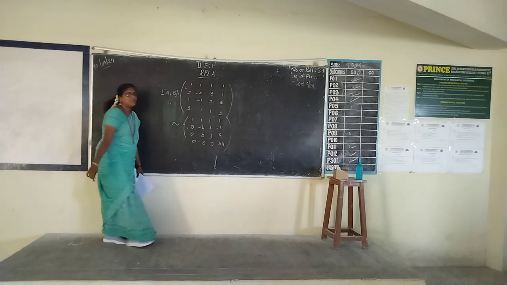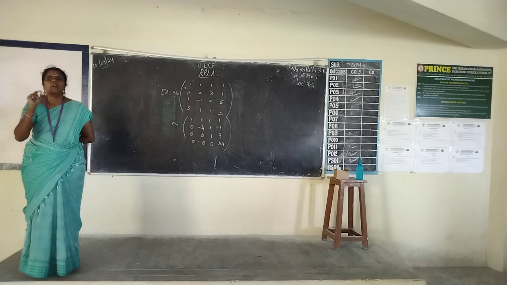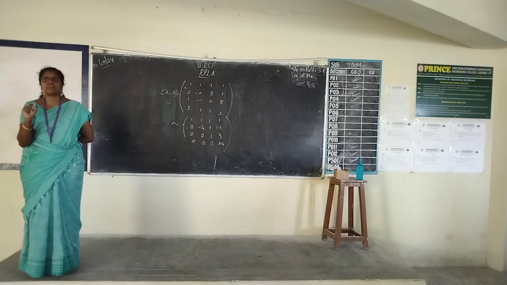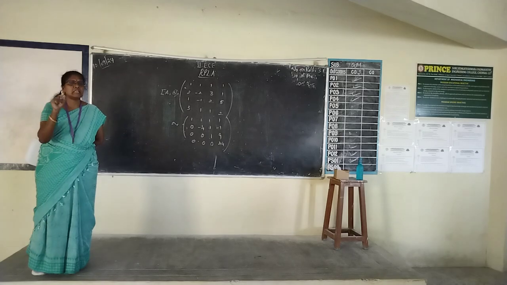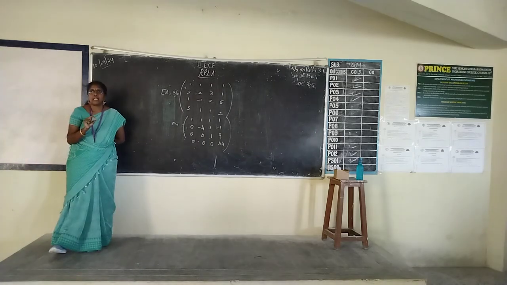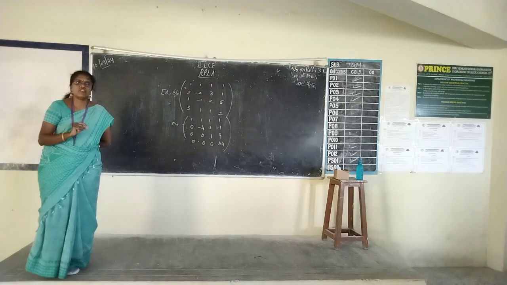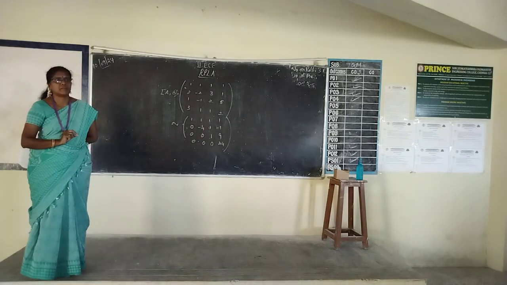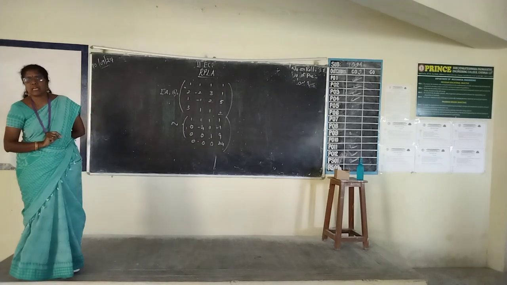Everyone getting the same thing? If you are not getting this, please check your calculation. If you follow the same steps which I told you, you will get this answer. If you make some changes in your transformation, you may get a different answer. This is using elementary transformations. Now, shall we discuss further steps?